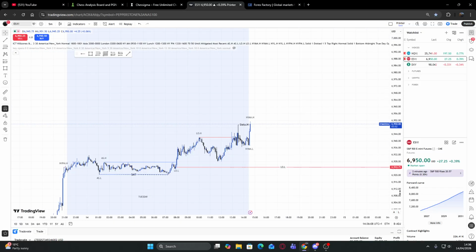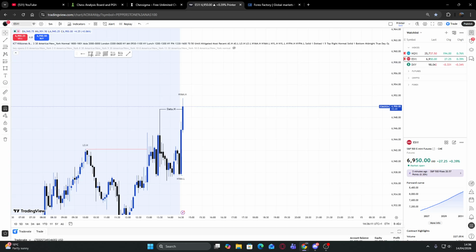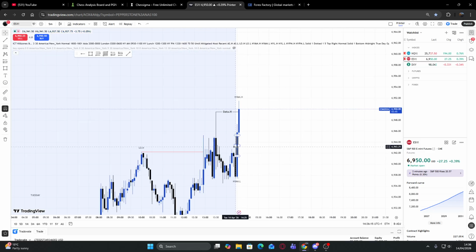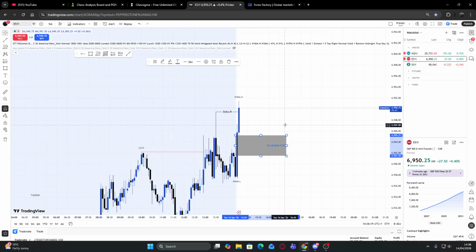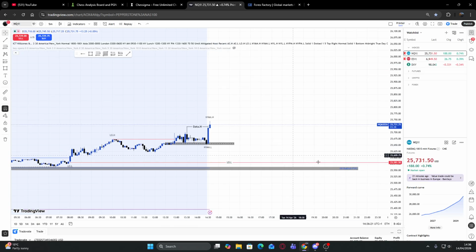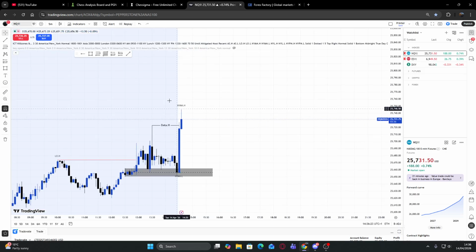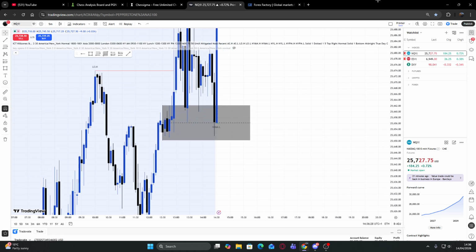But we'll see if we get some sort of manipulation into our gap here. Let's go forward. But I would expect this to be a breakaway. There's a demo. No, never mind. I thought it was a devil's mark. Is there a bottom wick? Yeah, there is.